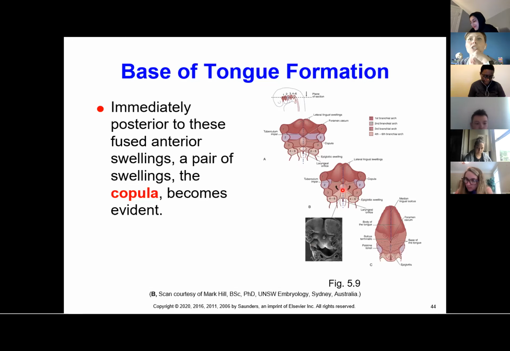So your copula is this middle section. It doesn't show on the actual tongue, but you can see it in the early stages, and then it starts to form a little bit differently and push everything forward, if you will.